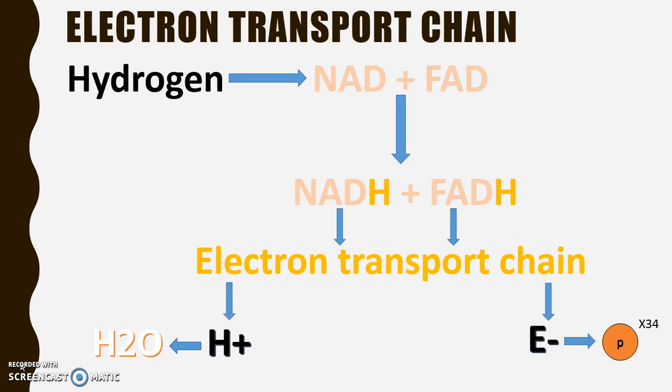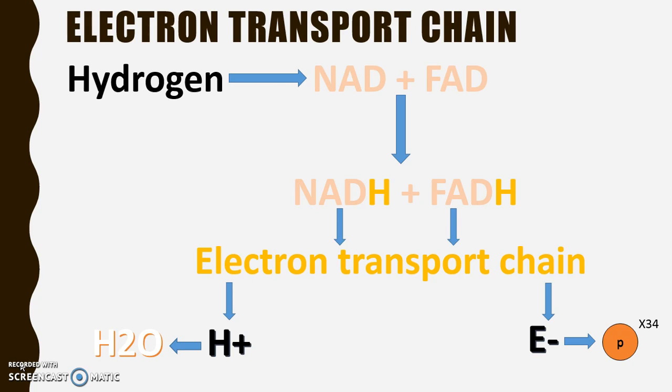The electron transport chain is the third and last part of the aerobic system. This chain uses the hydrogen from the Krebs cycle to create more energy for ATP resynthesis. The hydrogen combines with NAD and FAD, which are transport enzymes, to create NADH and FADH.